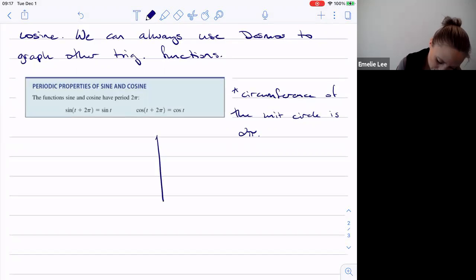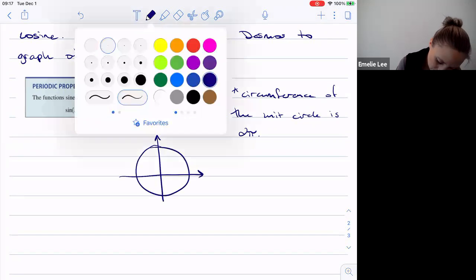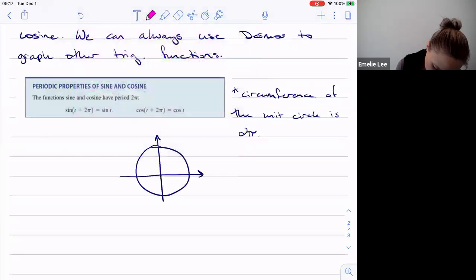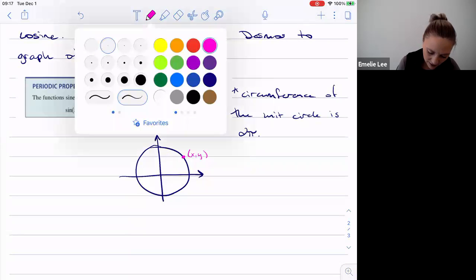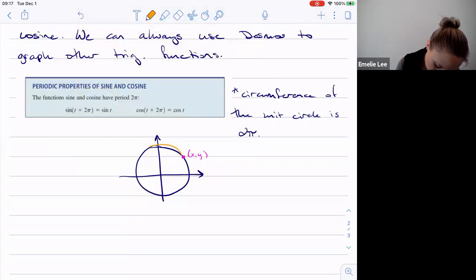So if you think about your unit circle here, if I go to this point, x, y, and then I go around 2 pi, I get back to the same place.